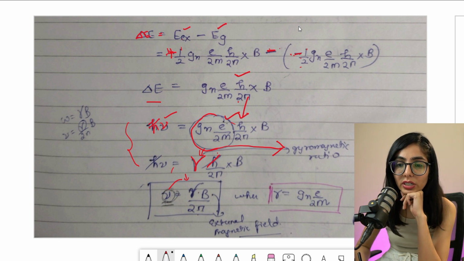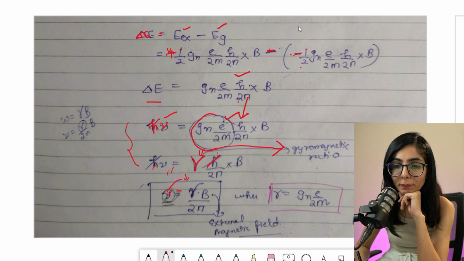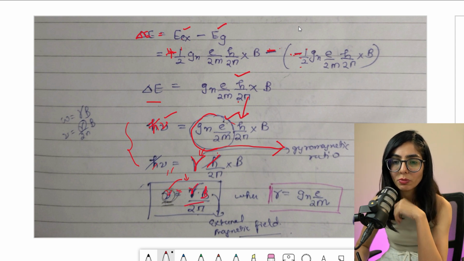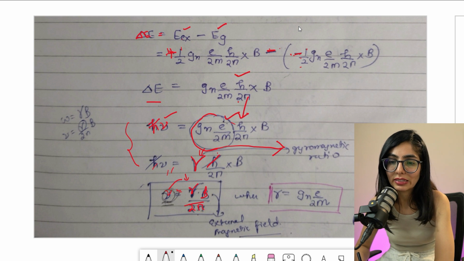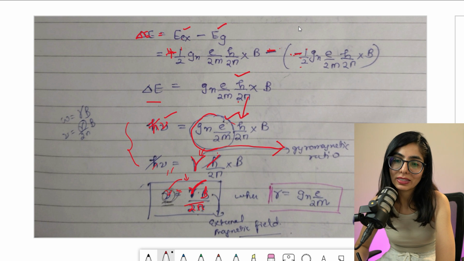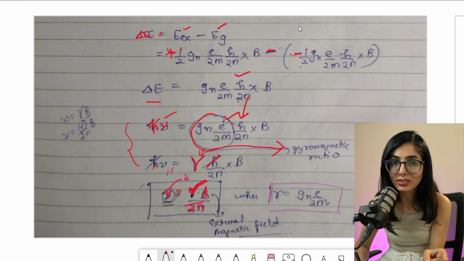So this got cut, yeah. So this nu would be equal to gamma B by 2 pi. You must have seen that I have put this tail very long. For now, just remember that with nu I have put this tail a little bit long. I'll tell you the reason later on.